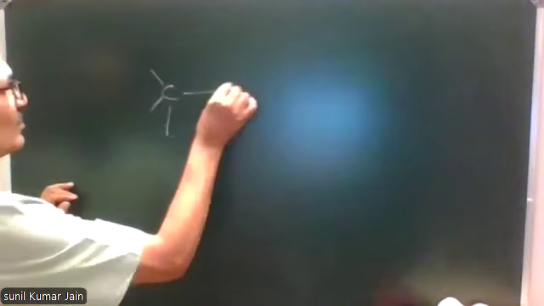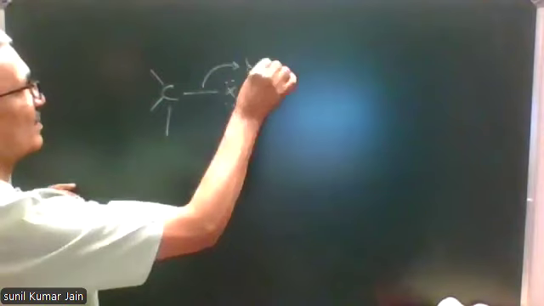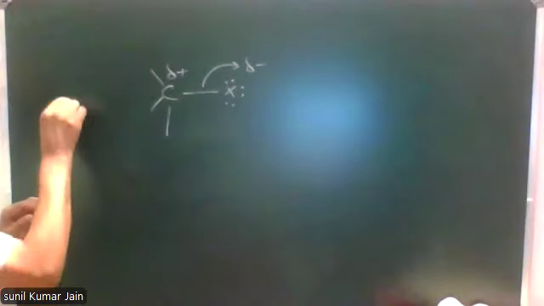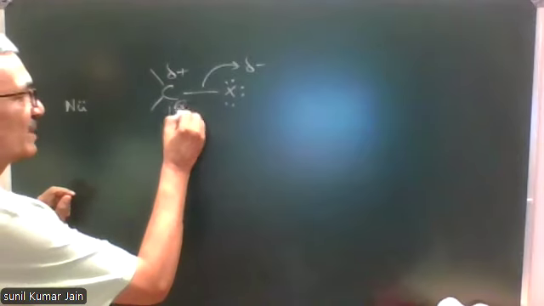bond with it. Now, if we consider alkyl halides, the carbon atom which carries halogen is called alpha carbon atom. So this is alpha carbon.